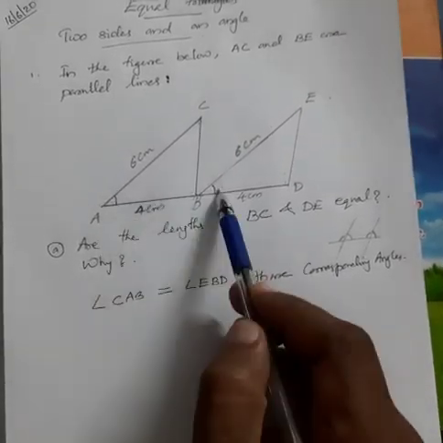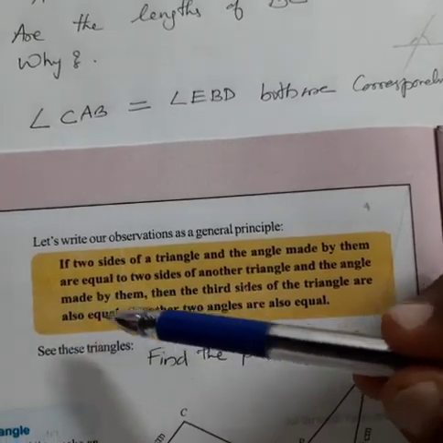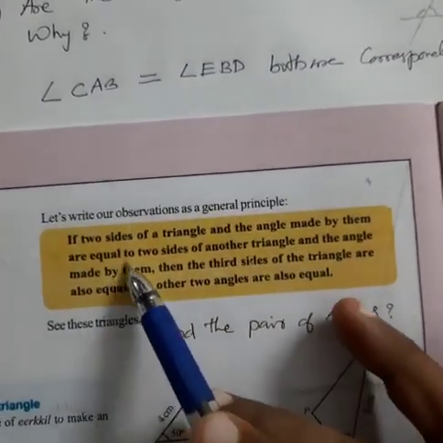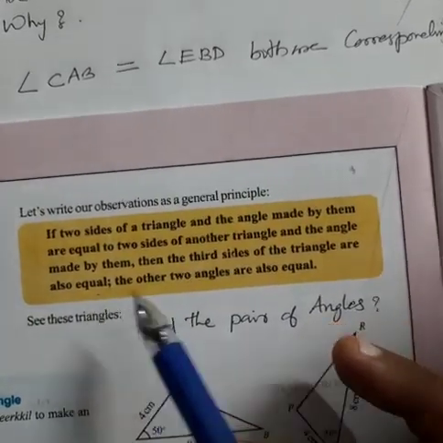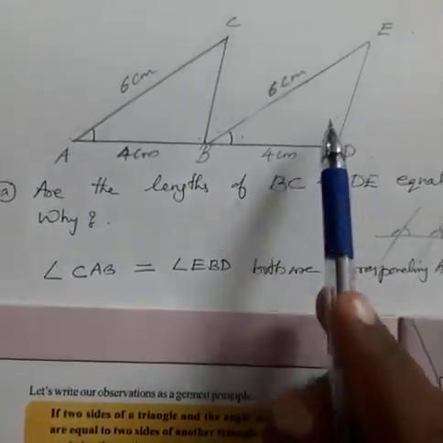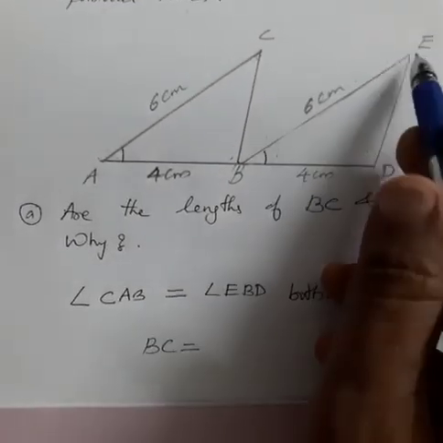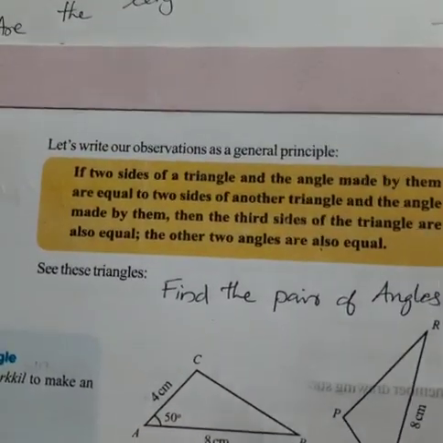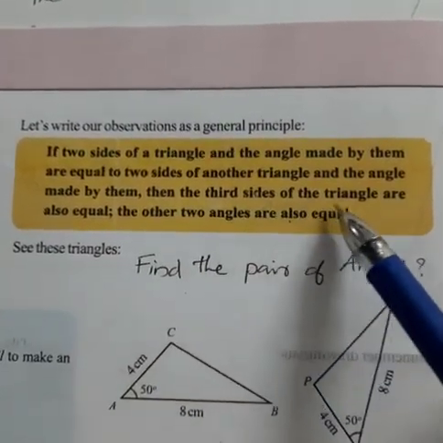So write this principle also: if two sides of a triangle and the angle made by them are equal to two sides of another triangle and the angle made by them, then the third side of the triangle is also equal.